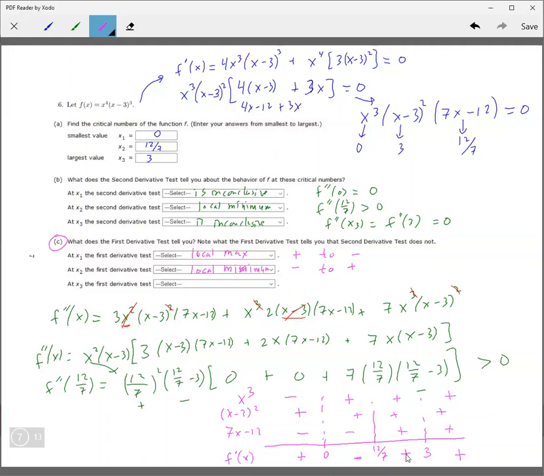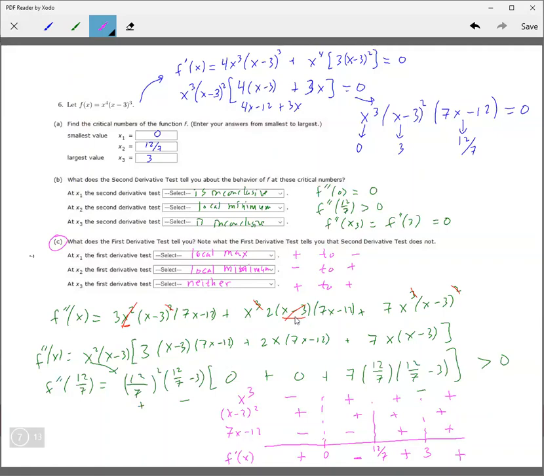And then positive to positive means it's neither a local minimum nor a local maximum.